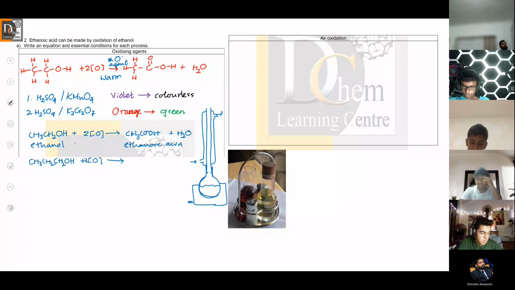Then if propanol is oxidized, what should we get? Propanoic acid. So you get propanoic acid and water. So this is propanol and this is propanoic acid.